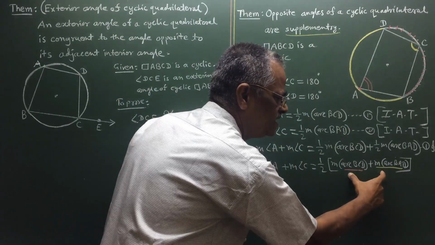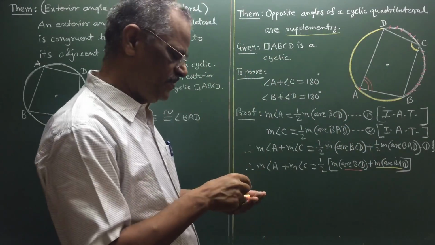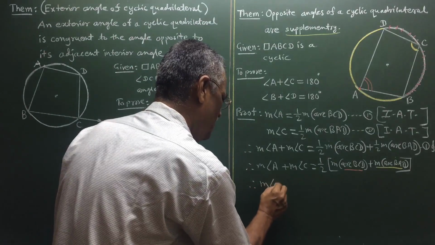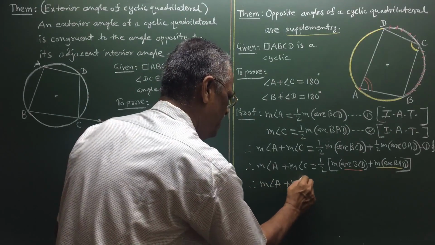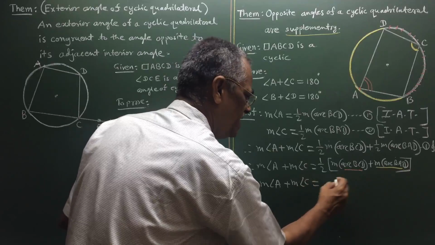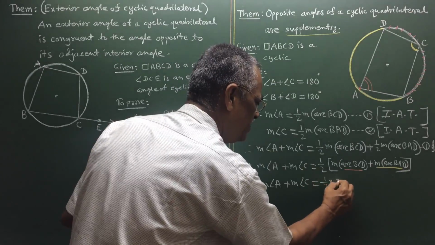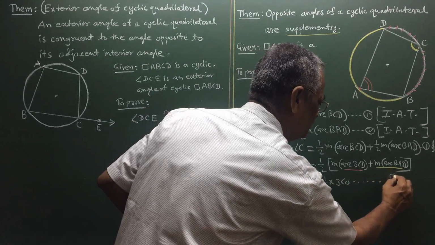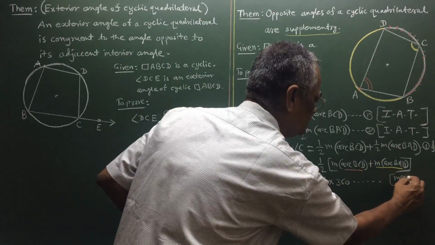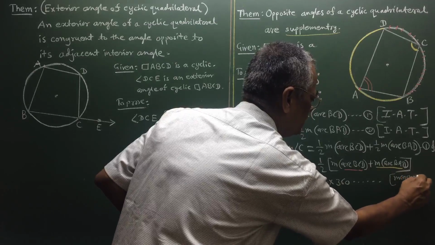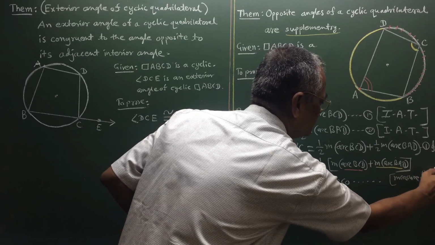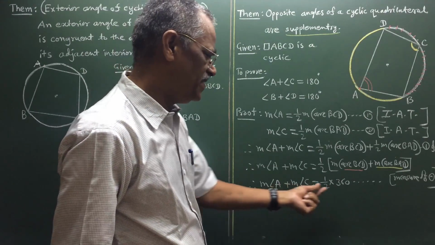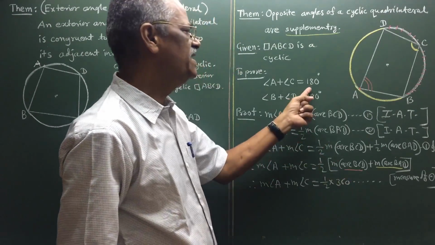The measure of circle, we know that the addition is 360, so we can substitute. So measure of angle A plus measure of angle C is equal to half into 360. Measure of circle is 360, and half of 360 is 180.